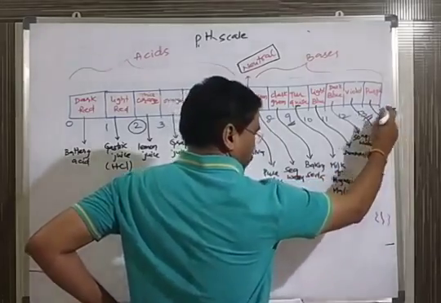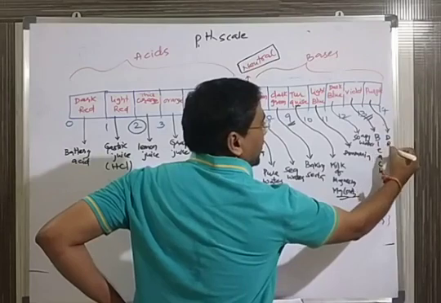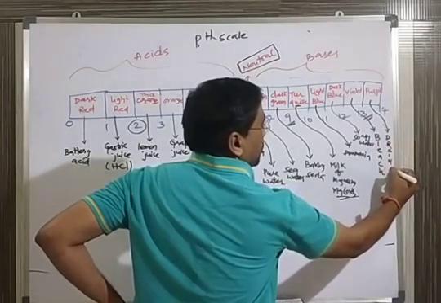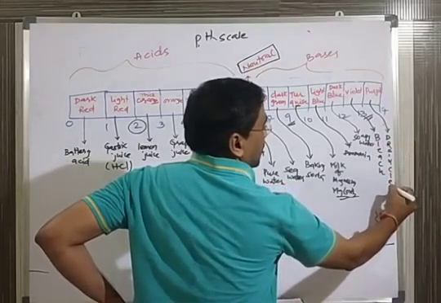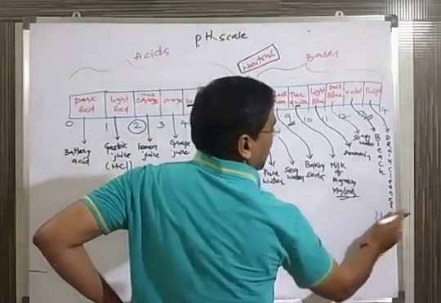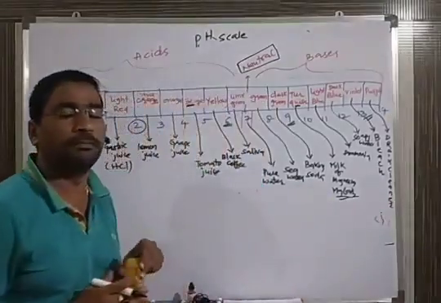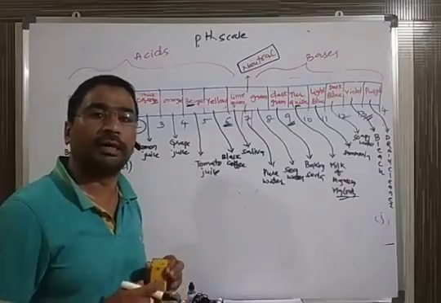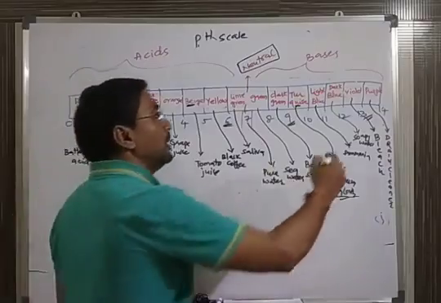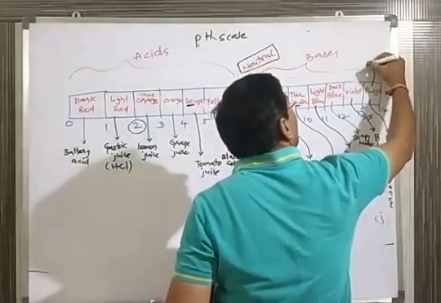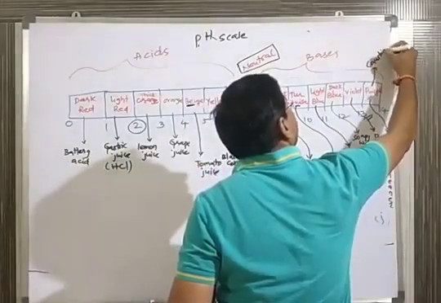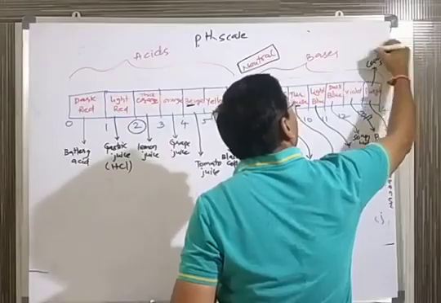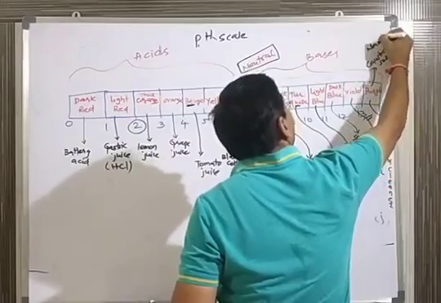Next, coming to 14, it is a drain cleaner. Drain cleaner means suppose our drains or sinks are blocked, we can make use of a powder which is available in the market nowadays. The best example for this is caustic soda, which is nothing but NaOH, sodium hydroxide.